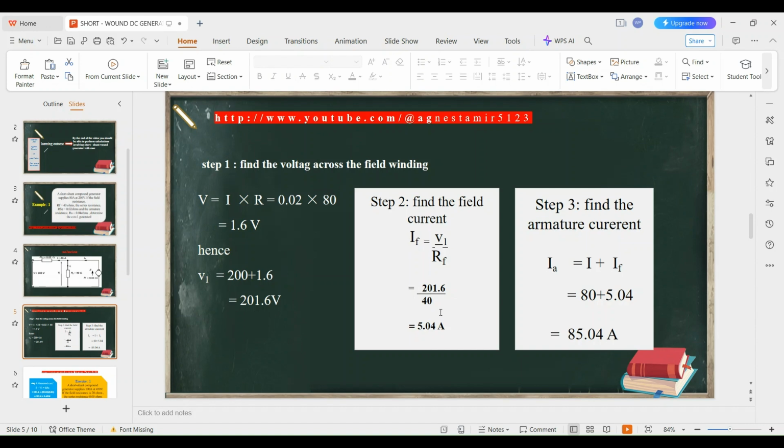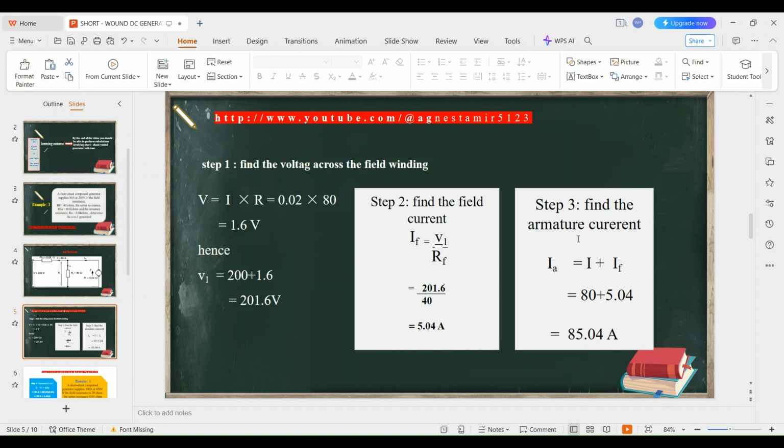When we key this into our calculator, we shall have 5.04 amperes. This is the field current, the current flowing through the field resistor component.